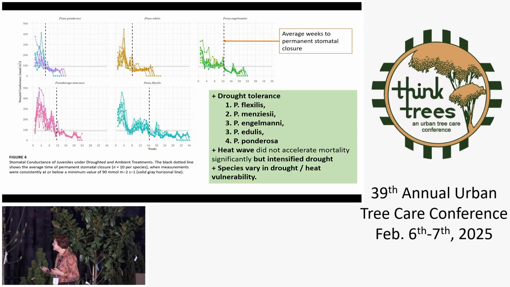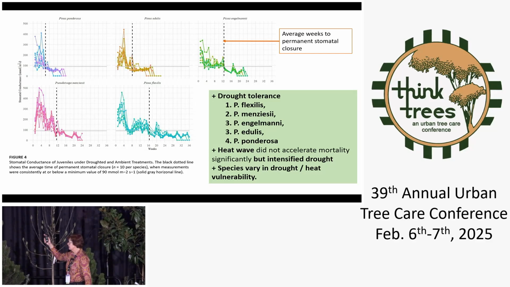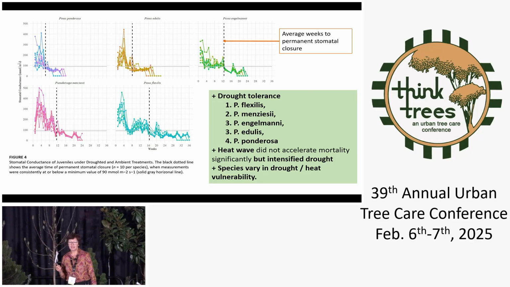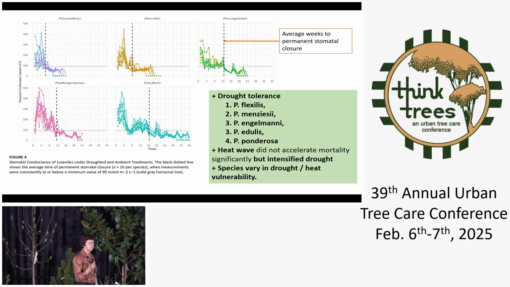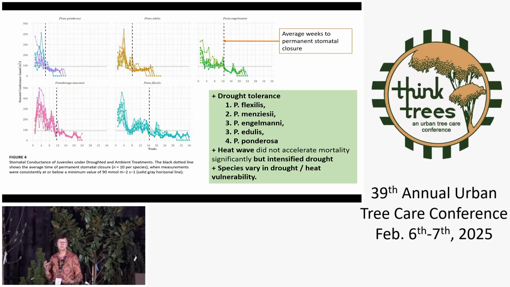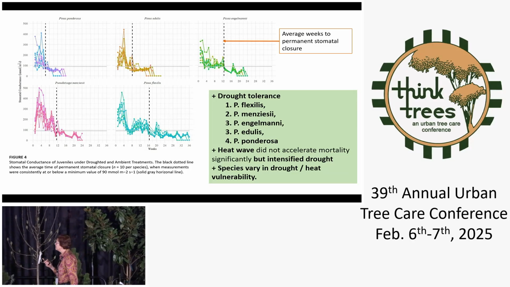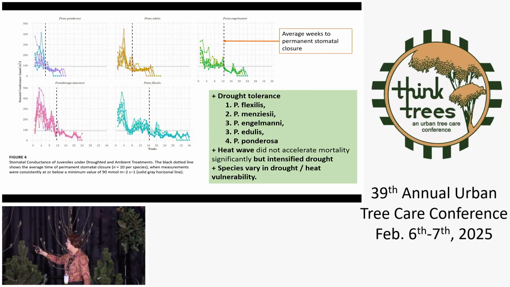And what you can see in this graph is the 5 species, and that dotted line shows the average weeks to permanent stomatal closure. After that, usually the plants would die sooner or later because they could not sustain themselves. They were relatively small plants, maybe about 2 feet tall. And then they found that the drought tolerance could essentially be modeled, that they know that some of the plants can withstand those conditions, drought and heat, a lot longer than others.